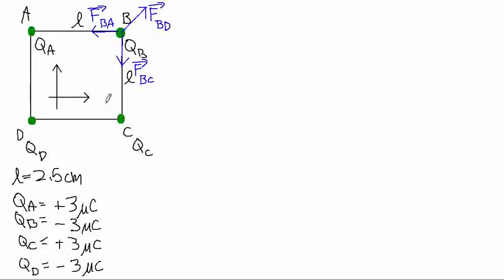Okay, so the horizontal axis I'll denote by X, the vertical axis I'll denote by Y, and I'll be using the Coulomb's law formula, which is equal to K times Q1 times Q2 divided by d12 squared, where K is the electric force constant, Q1 and Q2 are the net charges of the two objects for which I'm calculating the electric force, and the distance between those two objects is denoted by d sub 1, 2.